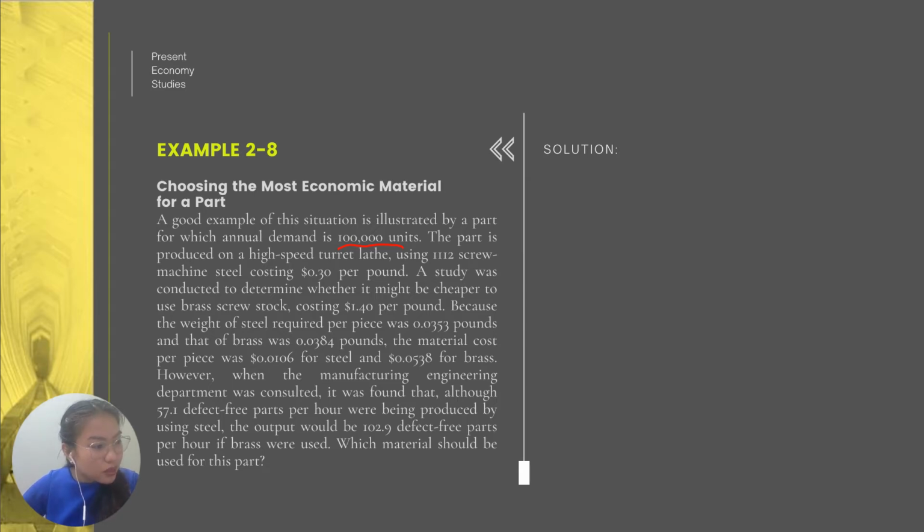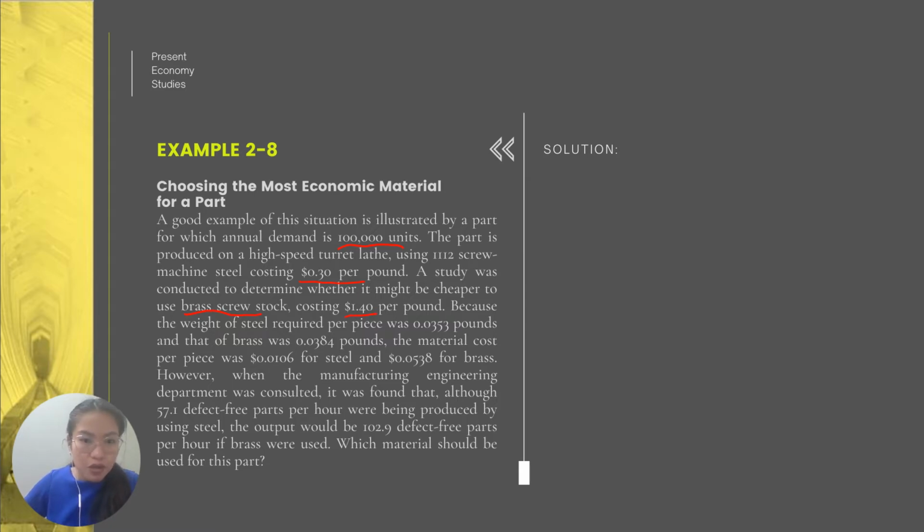A study was conducted to determine whether it might be cheaper to use brass screw stock costing $1.40 per pound.